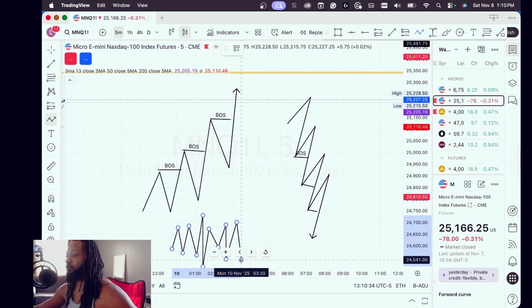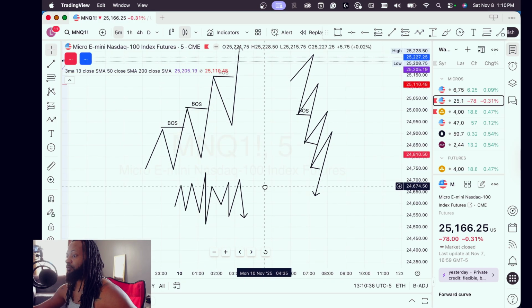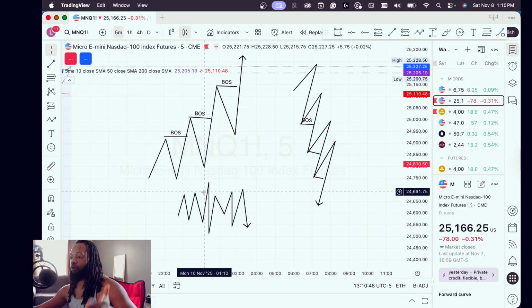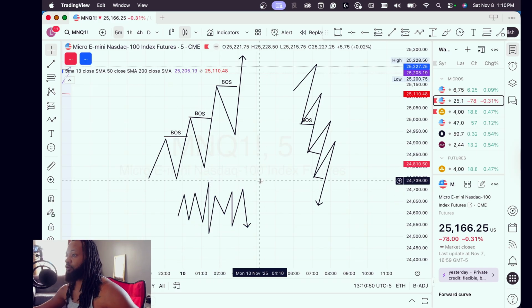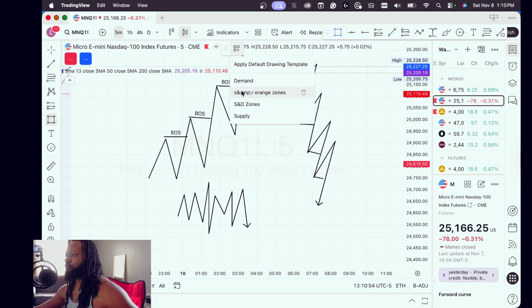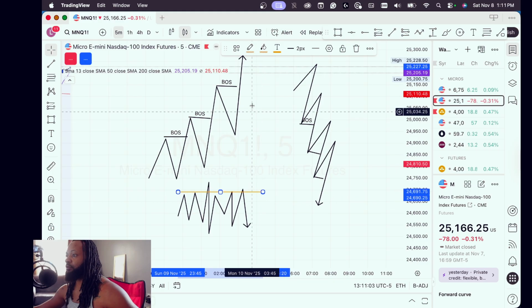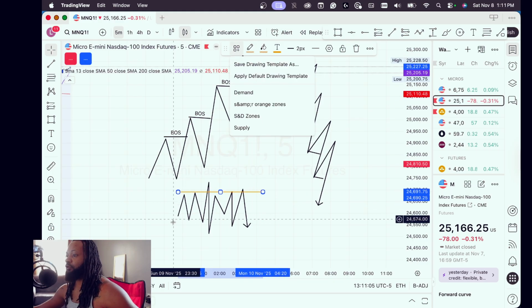This is what you call a range. It's up a little bit. Moving sideways. There are no lower highs, no lower lows, no higher highs or higher lows. It's just a range, and you can mark your support and resistance. You can mark your resistance right here, and your support.